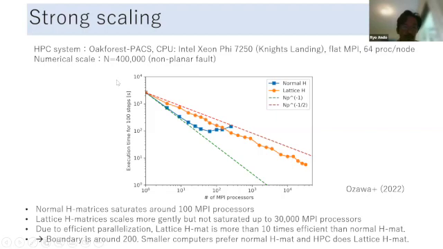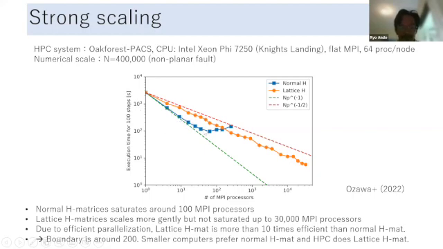This is a more important result for us. This graph compares the parallel scaling. The horizontal axis shows the number of MPI processes, and the vertical axis shows the computation time.